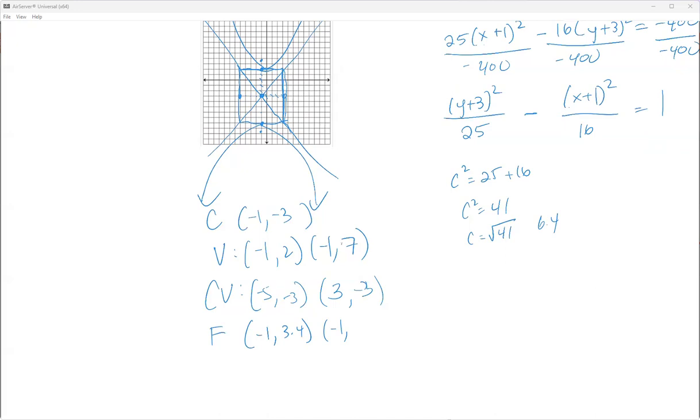It should be -7, right? So the vertex is -1, -7, so it should be -8.4. Wouldn't it be -8 up there? Wouldn't it be -8 for the vertex? Yeah, you're right. -8 right here, sorry. And so this would be 9.4 then.